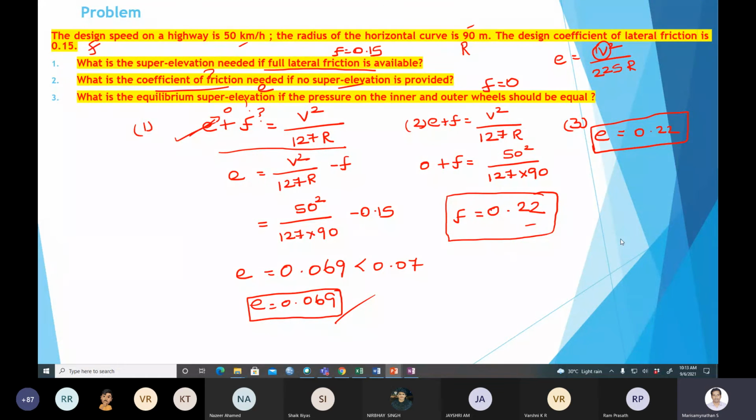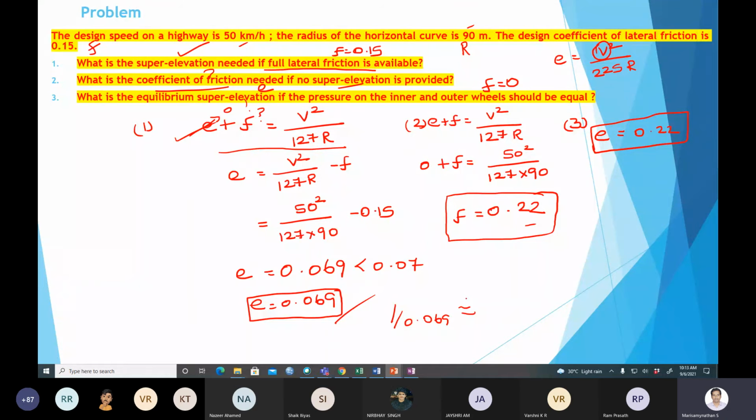In the same problem, if they are asking for the super elevation, then it is fine. In case they ask for the super elevation rate, it can be converted to a percentage. Sometimes they give it as a slope, so 1 in 100 or 1 in something. In that case, you have to divide 1 by the e value we are putting.